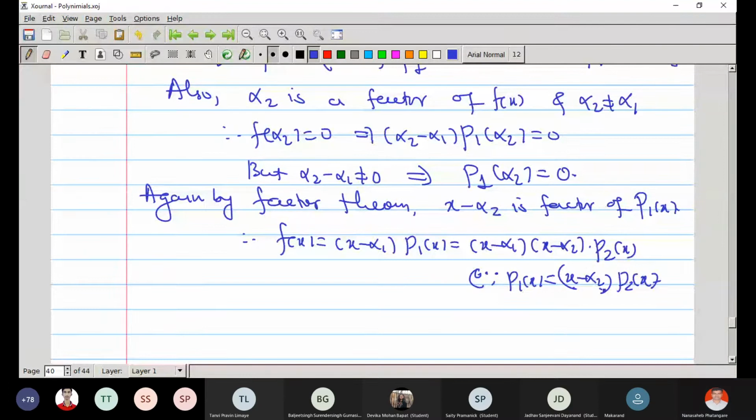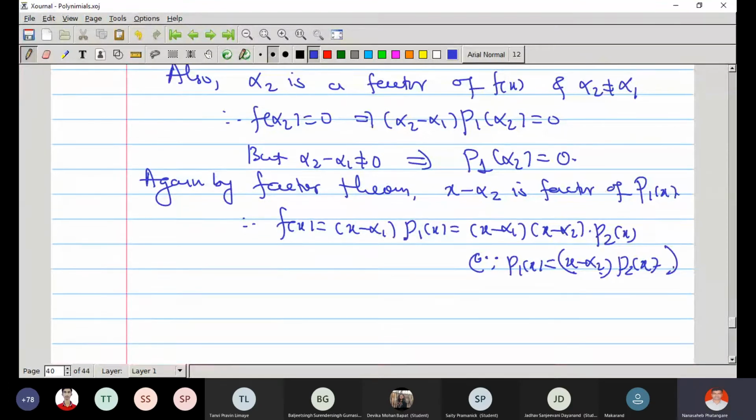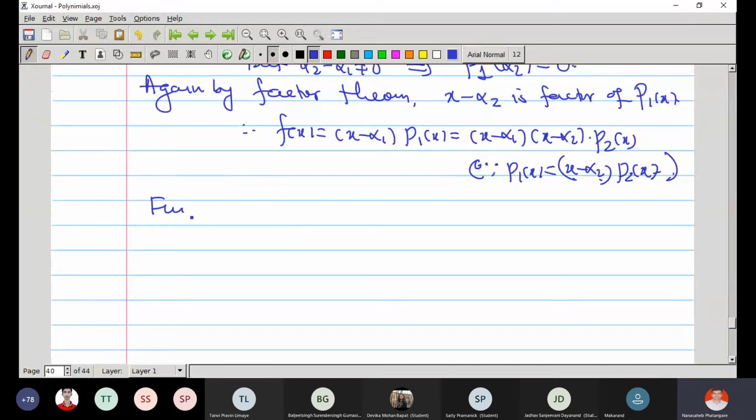Further, alpha 3 is a root of f(x). Therefore, f of alpha 3 is 0. But what is the right hand side? (alpha 3 minus alpha 1), (alpha 3 minus alpha 2), and into p2 of alpha 3.